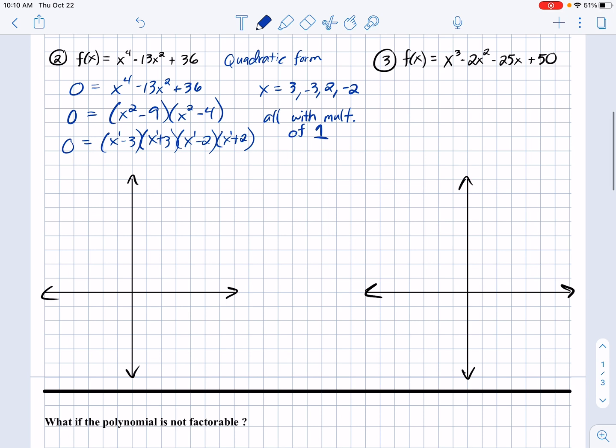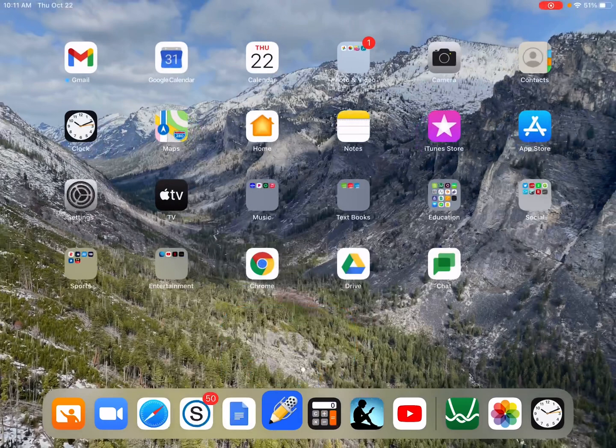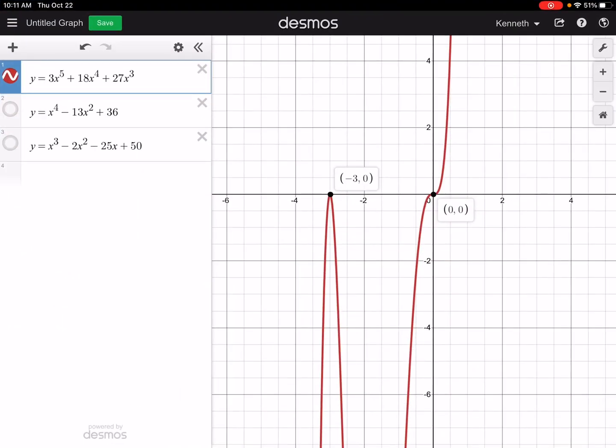Because those are intercepts, let's go plot those. So we have -3, we have -2, we have +2, and +3. Okay, and we're going to cross through on every single one of these intercepts. Let's take a quick look at Desmos and see what this looks like.